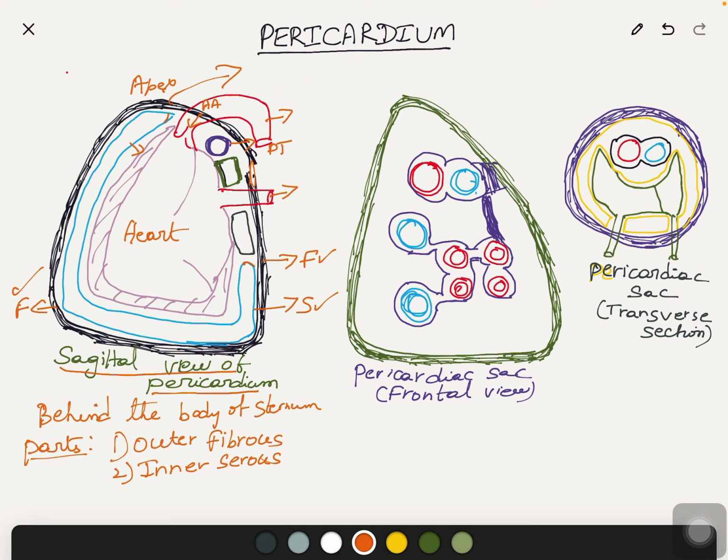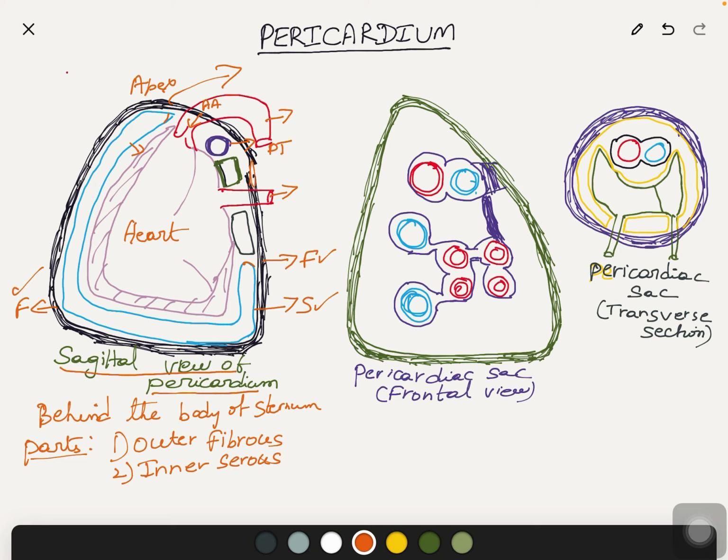You will learn deep cervical fascia in the head and neck region. It consists of three layers: investing layer, pretracheal layer and prevertebral layer. So this fibrous pericardium is continuous with the pretracheal layer of deep cervical fascia.